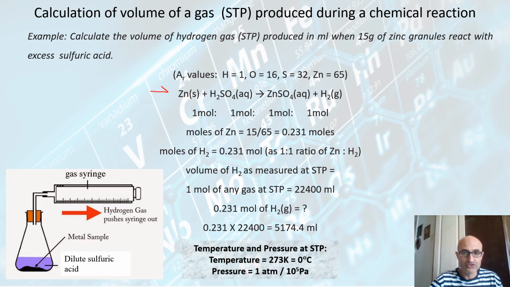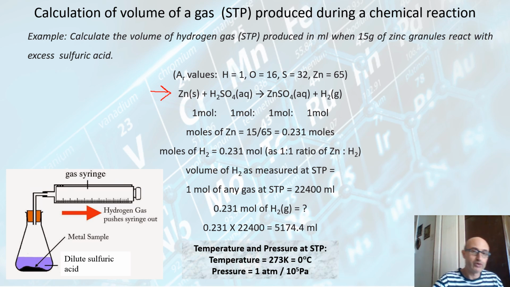So make sure you get your balancing revision up to date. Zinc granules will react with sulfuric acid. Note the ratio is 1 mole is to 1 mole throughout. So if I have the zinc reacting with H2SO4, it's in the ratio of 1 mole is to 1 mole, and the hydrogen produced is also 1 mole.